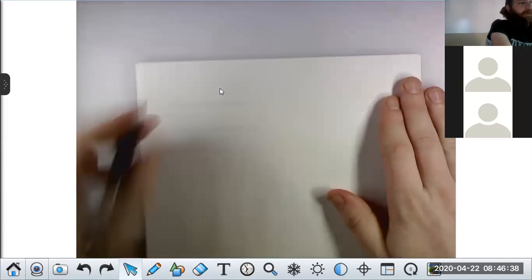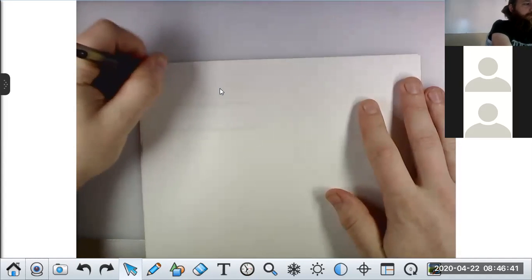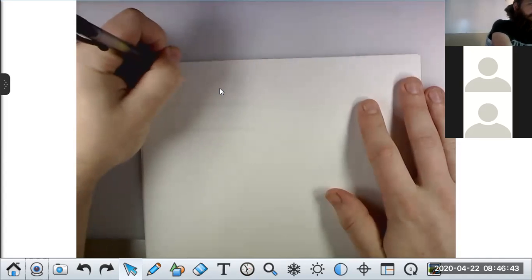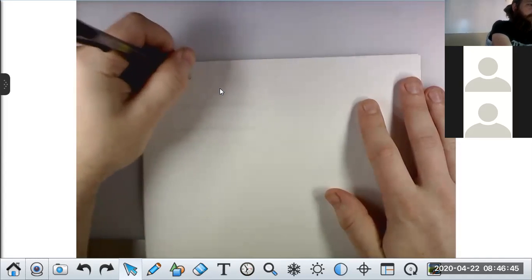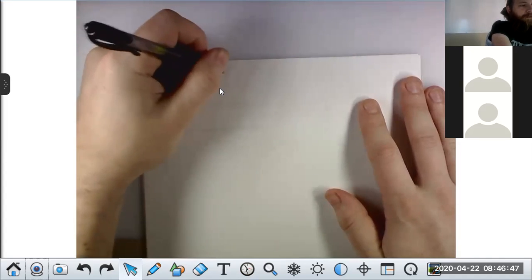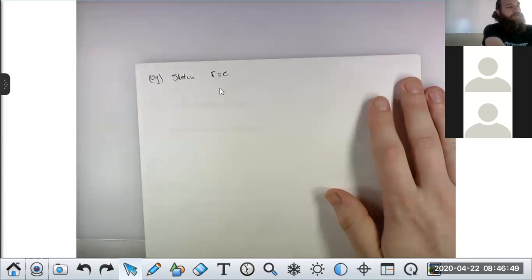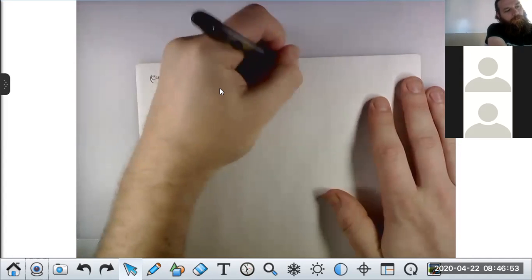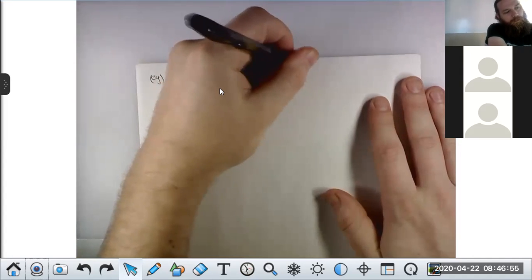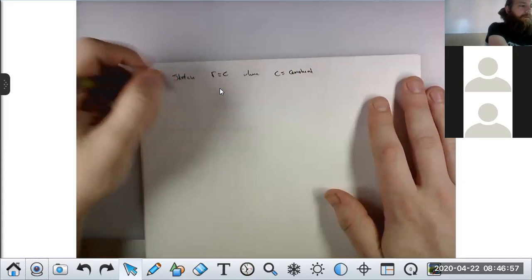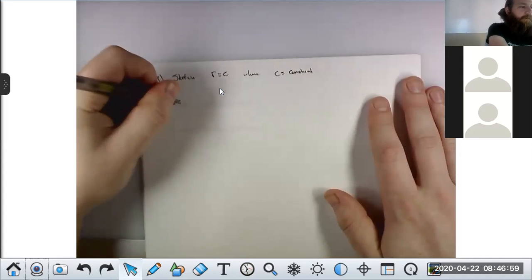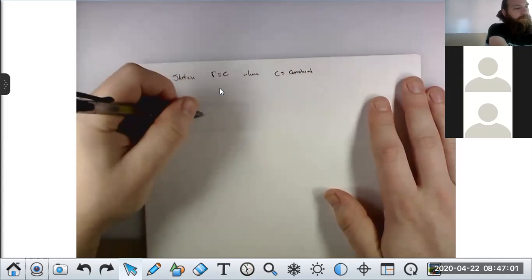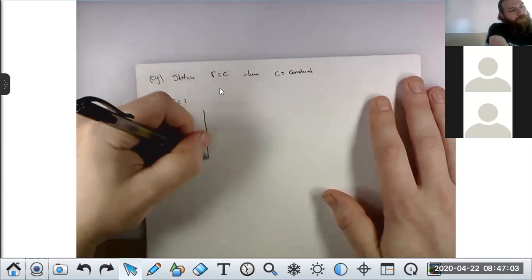Next family to look at is r equals a constant. If I take the equation r equals 1, what's the graph of that look like in the polar coordinate system?